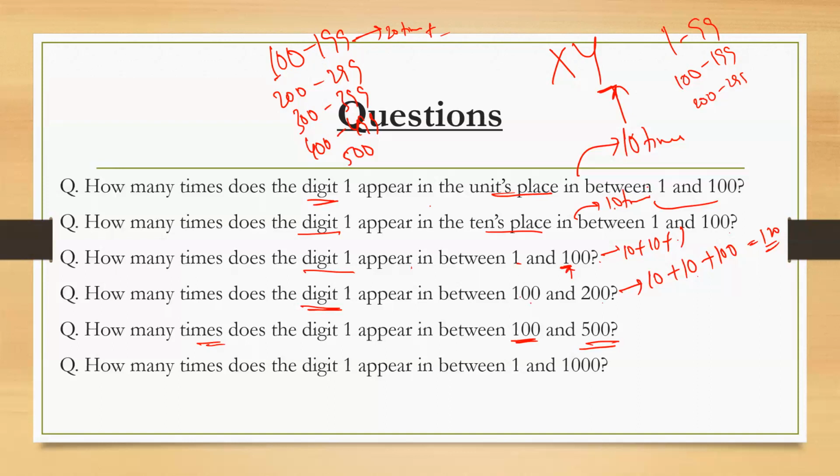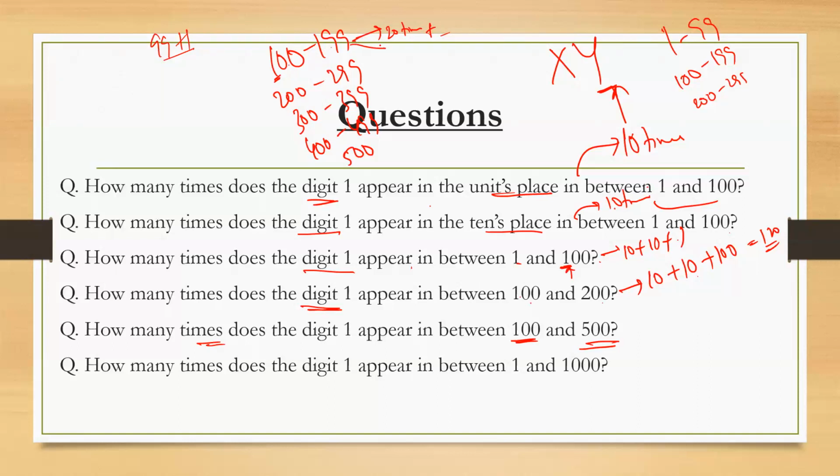So how much is it? Simply it is 199 minus 100, so 99 numbers, plus 1 because we are including both the numbers here. So simply the difference between the two plus 1. That many numbers are there. So we are talking about 100 numbers between 100 and 199, and all of those 100 numbers will have the digit 1 appearing in the hundreds place.